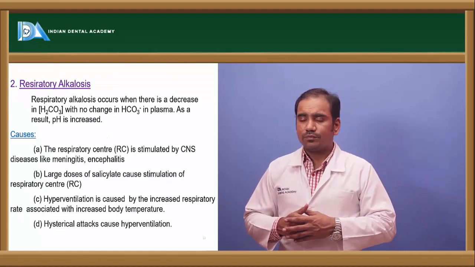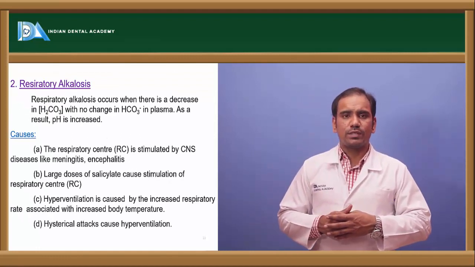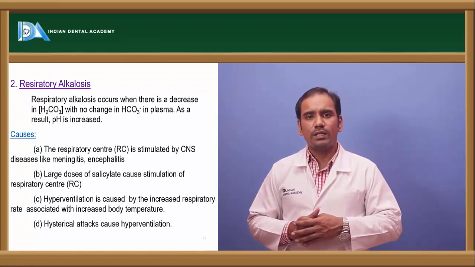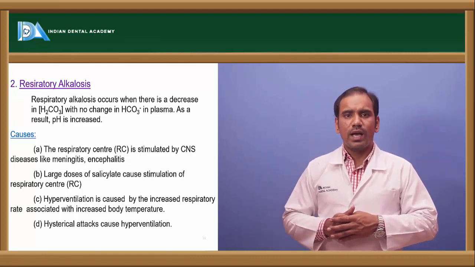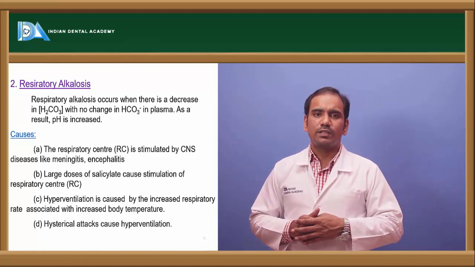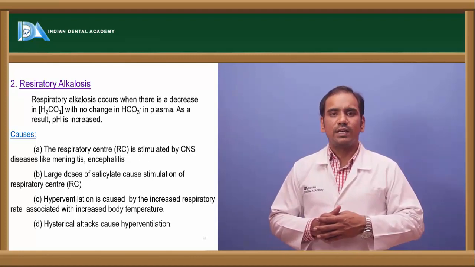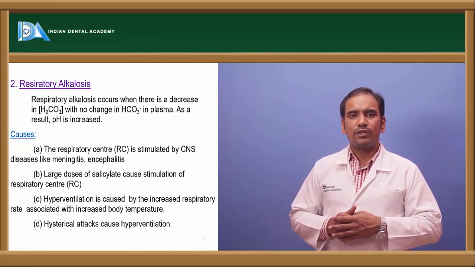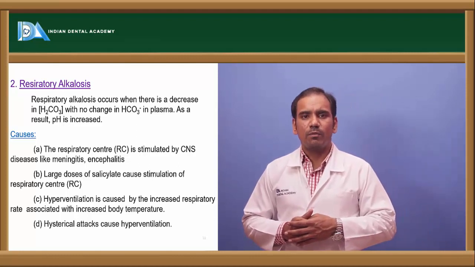Now coming to respiratory alkalosis. The metabolic component is bicarbonate and the respiratory component is carbonic acid. In case of respiratory alkalosis, there is deficiency of carbonic acid with no change in the concentration of bicarbonate.